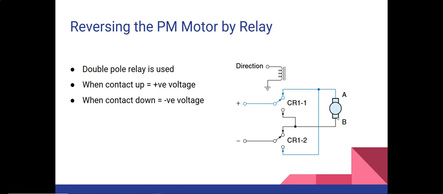So when the B side of the motor is positive and the A side of the motor is negative, your motor will turn in a counterclockwise direction. So that's how it works. Now let's see further.